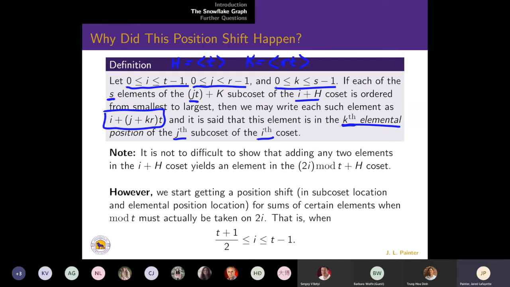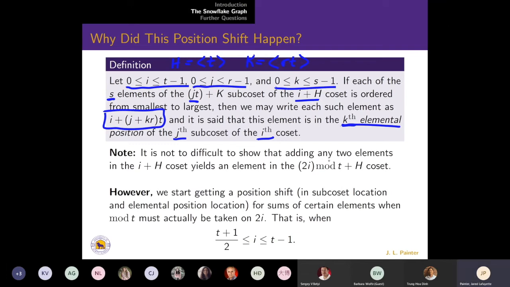I know that sounds terrible. It's terribly confusing, but it works. We can write every element in this manner, and the nice thing about it is we can identify the exact position that each element is in terms of writing out our distinct subcosets for each coset. So here's where the issue came in with this shift that we saw in the subcoset position.